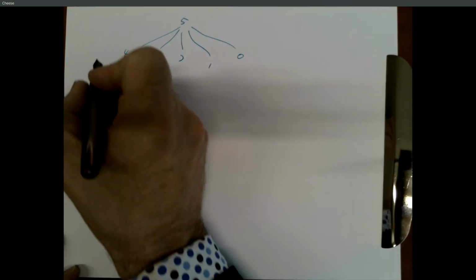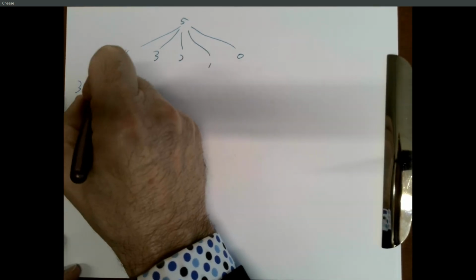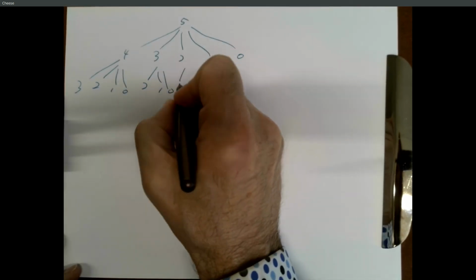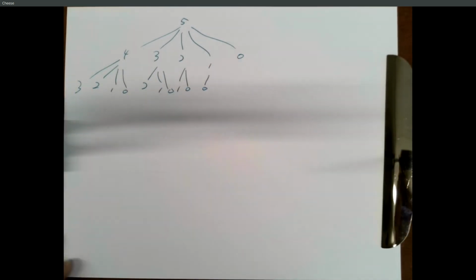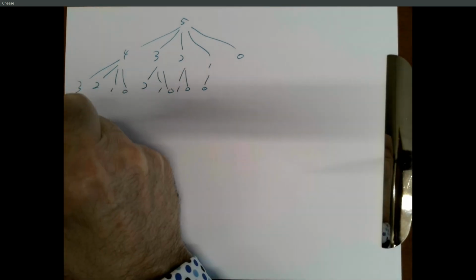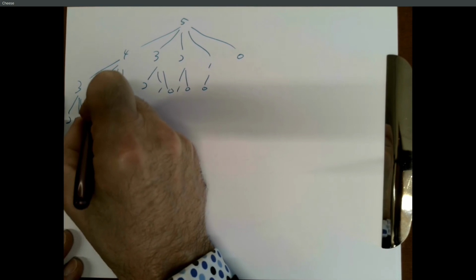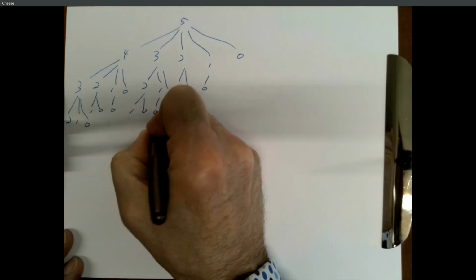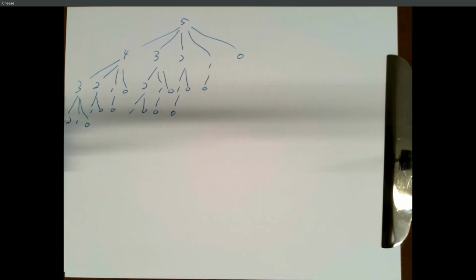All right, those are the possibilities for the first cut, and for each of those, we have to calculate max val for those lengths. And for each of those, we have to calculate max val for these lengths.